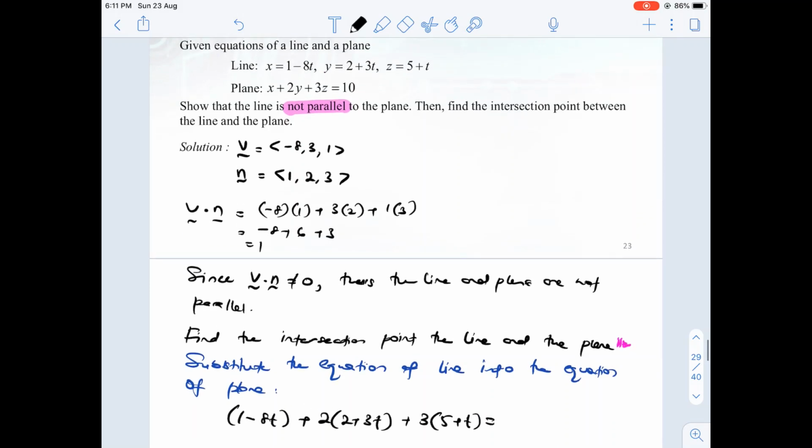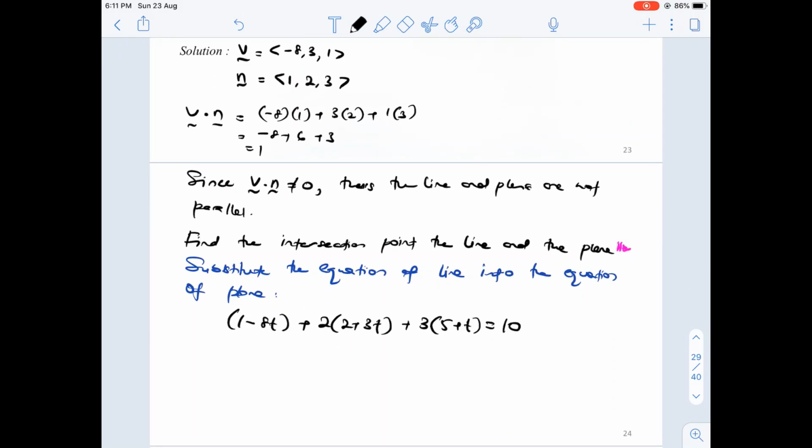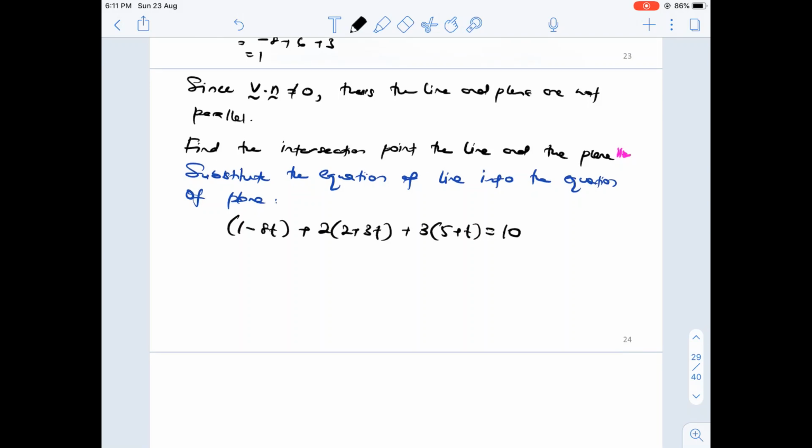Equate this with 10. So we have 1 minus 8t plus 4 plus 6t plus 15 plus 3t equals 10.